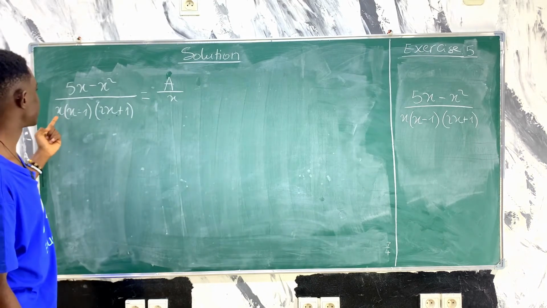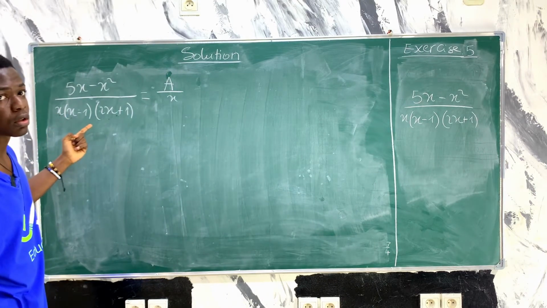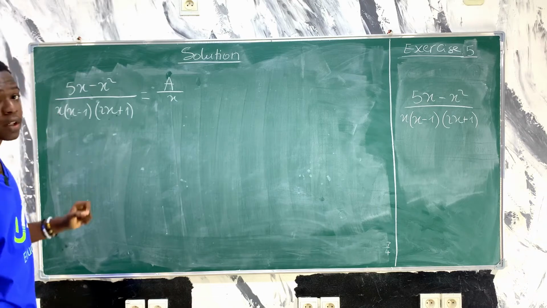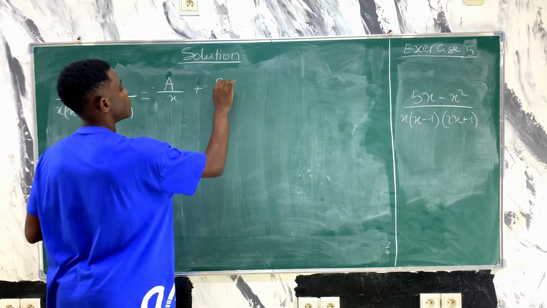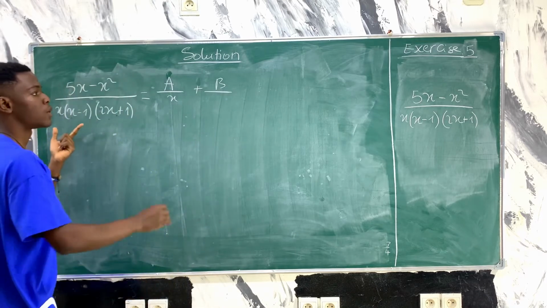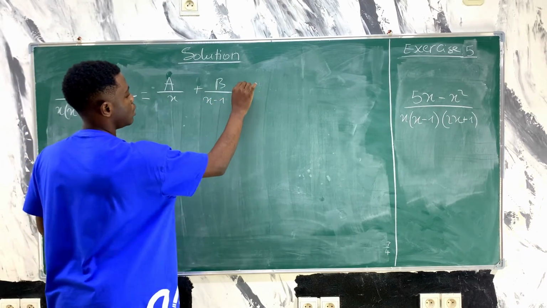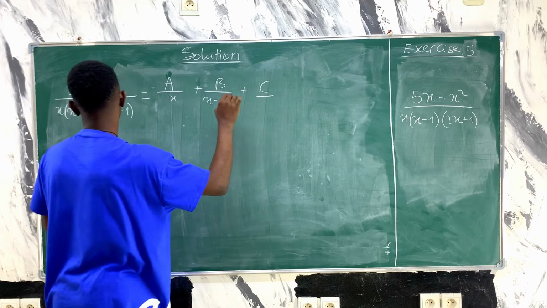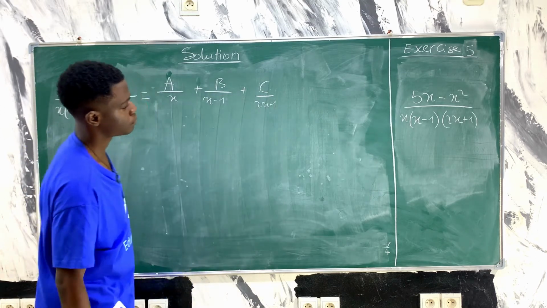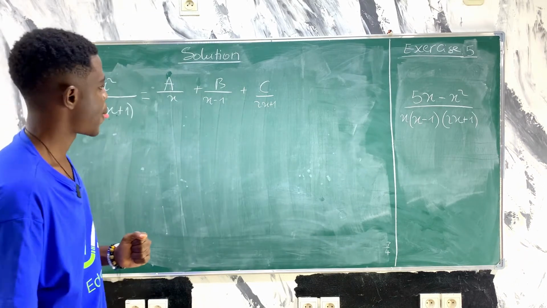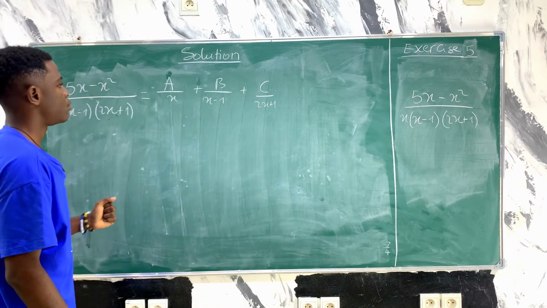You put just x, you don't put x into x minus 1. So A on x plus B on x minus 1 plus C on 2x plus 1.